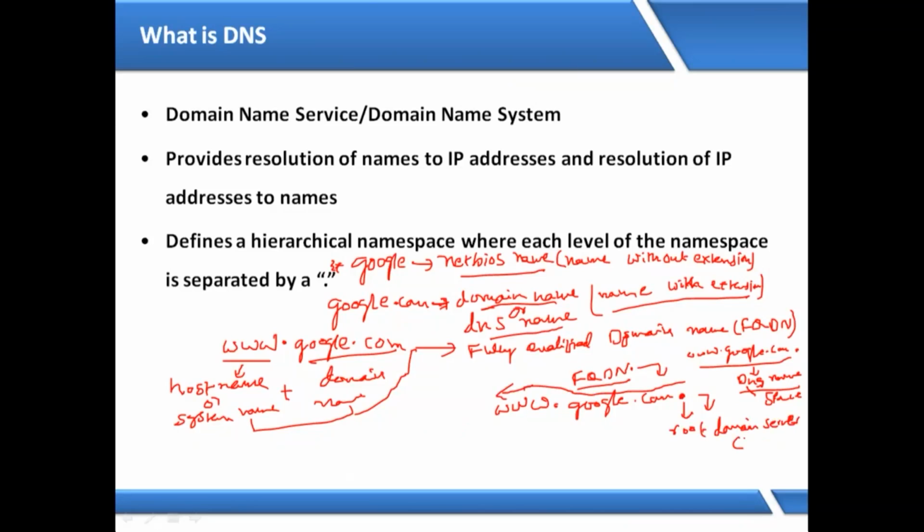How many root servers are there all over the world, configured by the ISP? 13 all over the world. Here the request will first go to the root server.